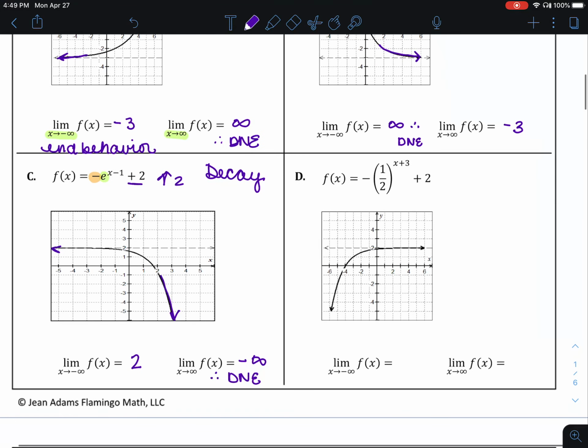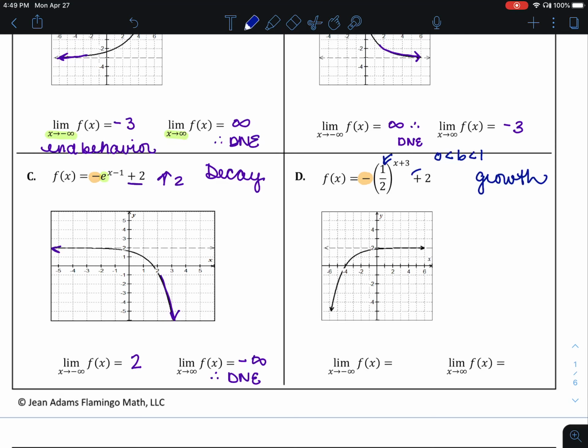Okay, example D, we look at the number on the inside, and this b is in between 0 and 1, which would have made it decay, but because we now have this plus sign, it's going to make this function growth. Oh, I just spelled growth wrong. Oh boy. Growth.